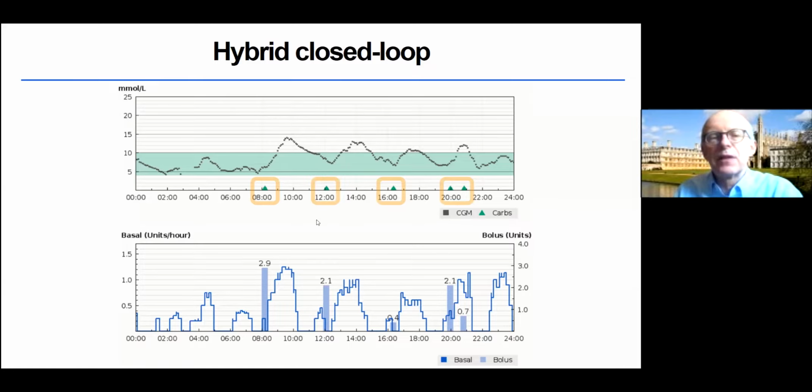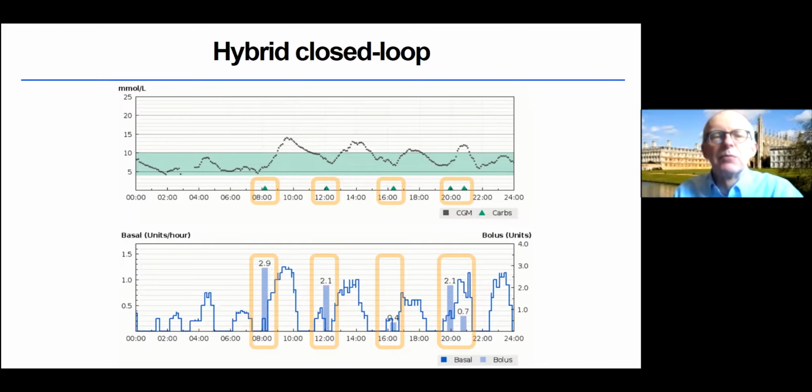At meal times, such as here the breakfast, lunch, dinner, and snack, in this system the user is expected to give meal boluses in the standard way as they would in insulin pump therapy. The reason for it is that there is a mismatch between the speed of the absorption of carbs and the insulin action.